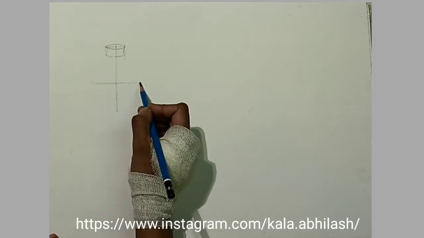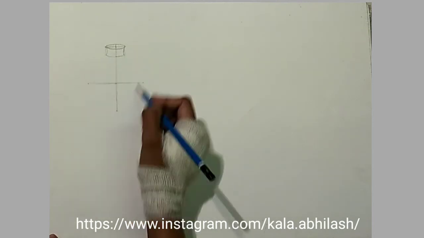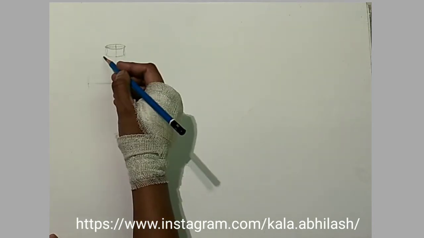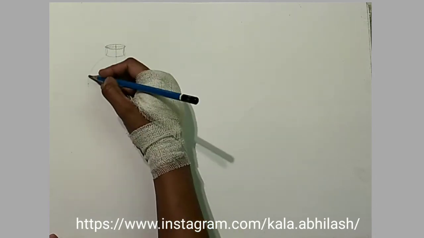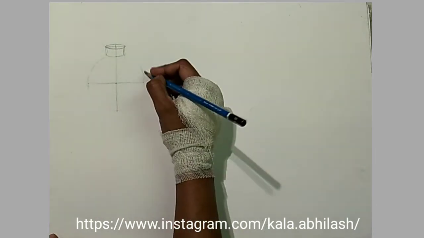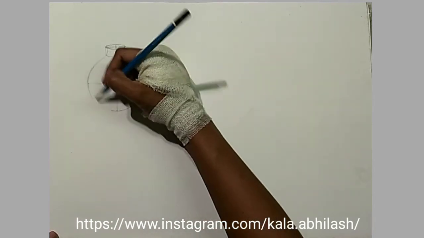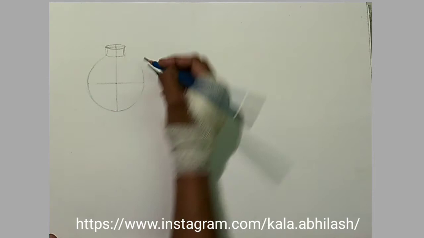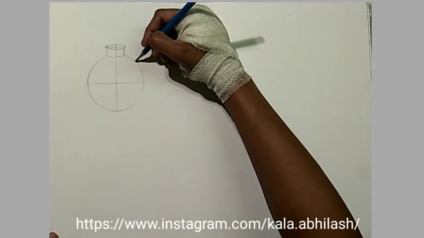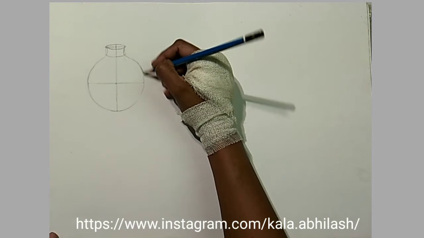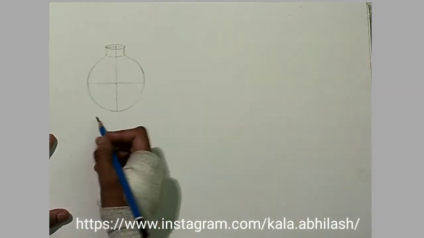Okay, we're doing a very basic pot first. And then once I'm confident, I'm going to... yeah. So see, it's all symmetrical on both sides.